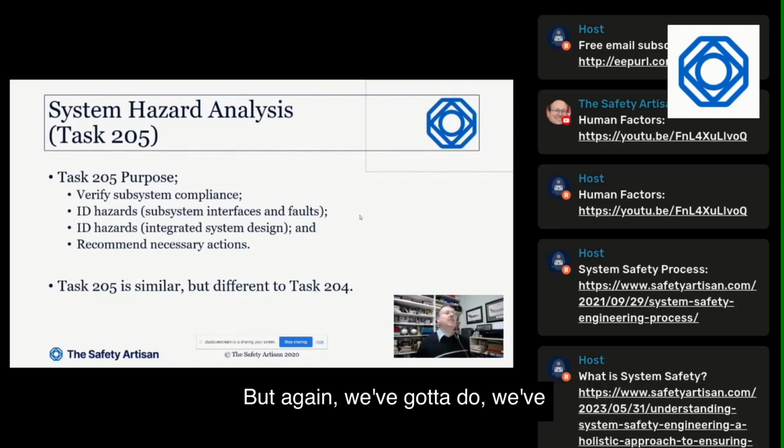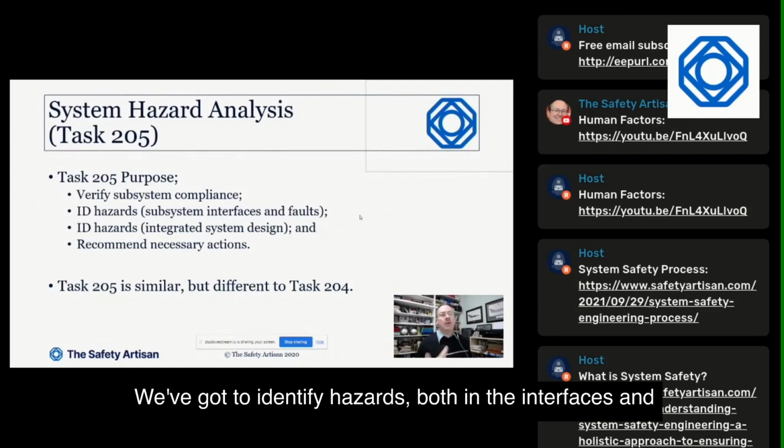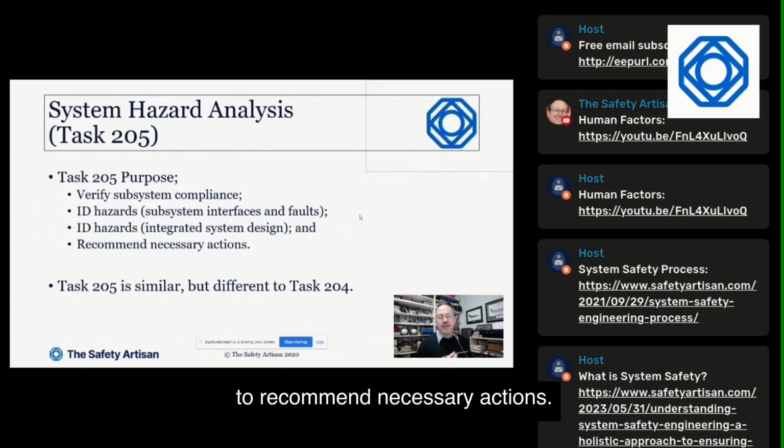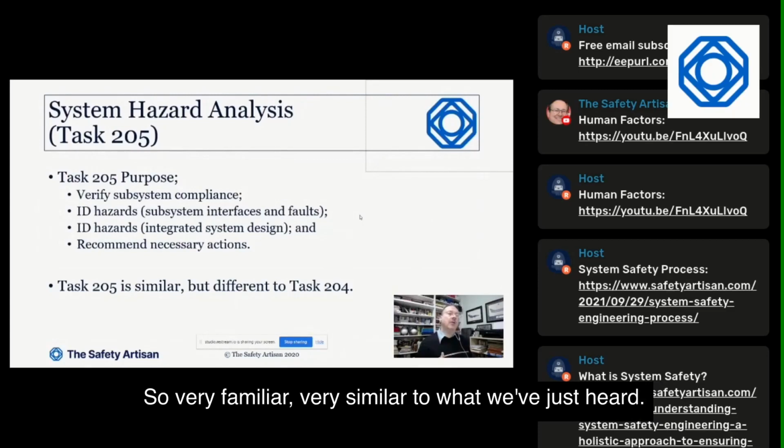But again, we've got to verify system compliance. We've got to identify hazards, both in the interfaces and faults and in the integrated system design. And we've got to recommend necessary actions. So very familiar, very similar to what we've just heard.